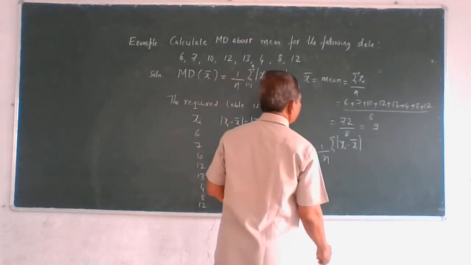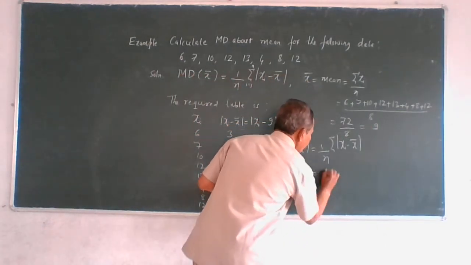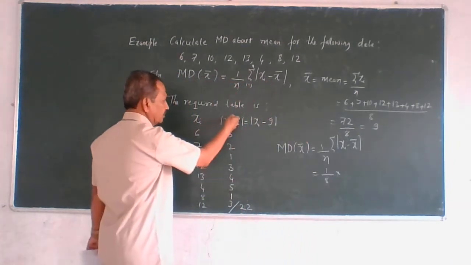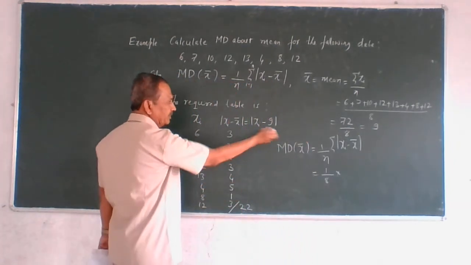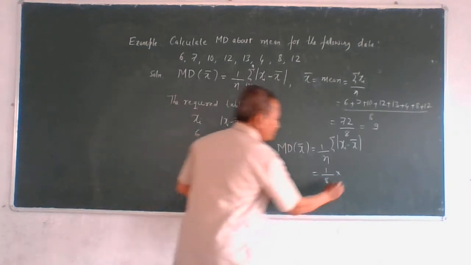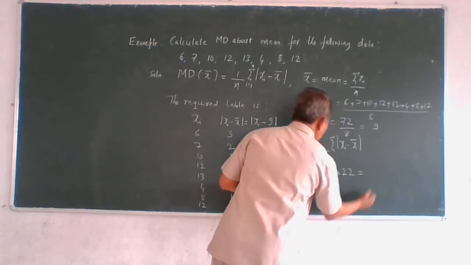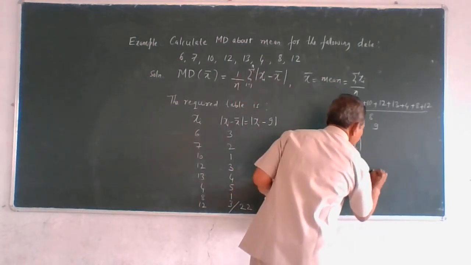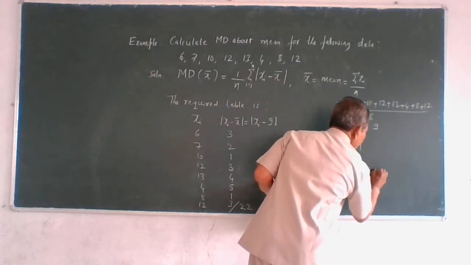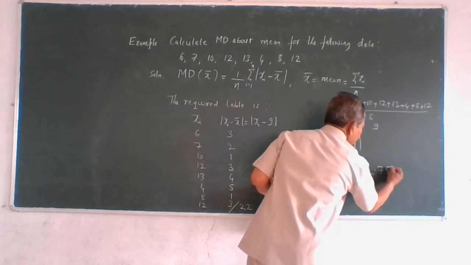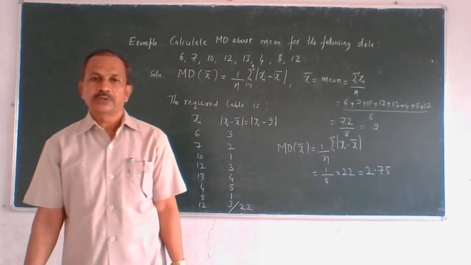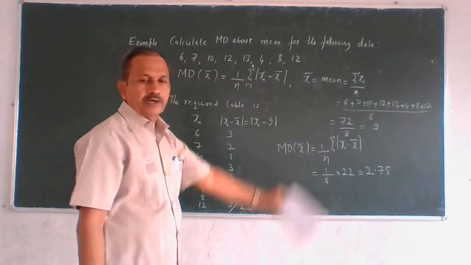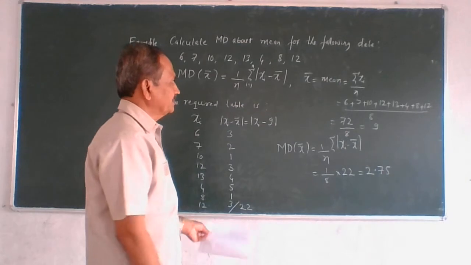What is n here? 8. So 1 upon 8 into summation, that means the total of this. Summation means total. It is 22. So 22 divided by 8 is 2.75. This is the mean deviation about the mean for the given data.